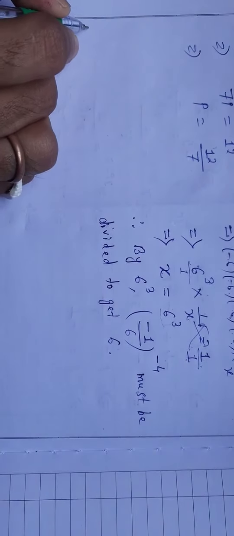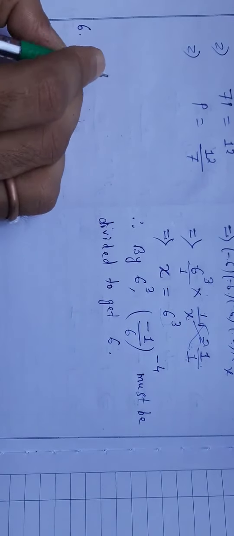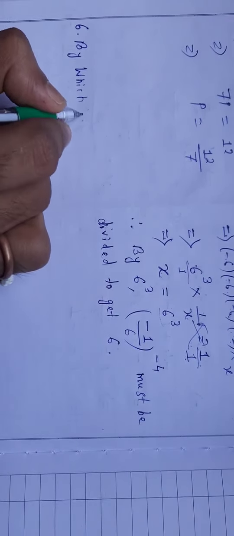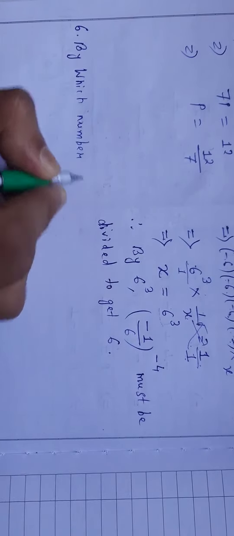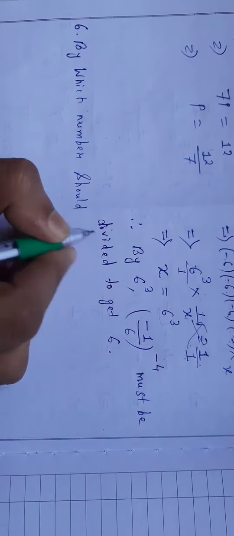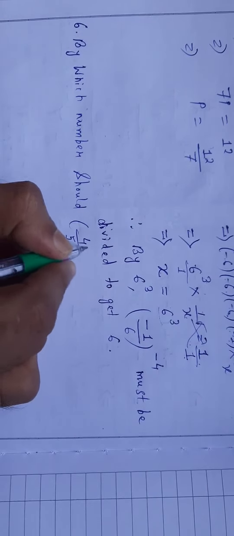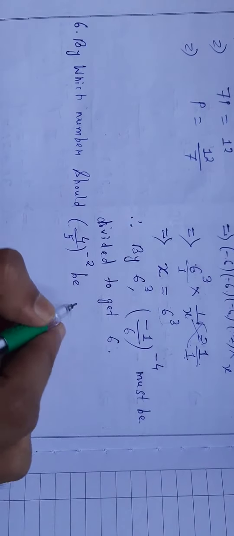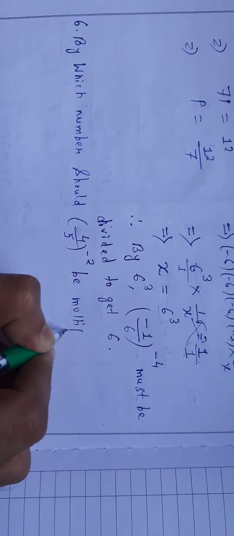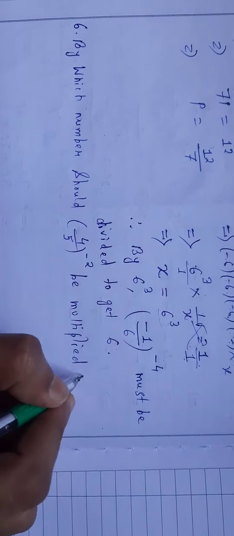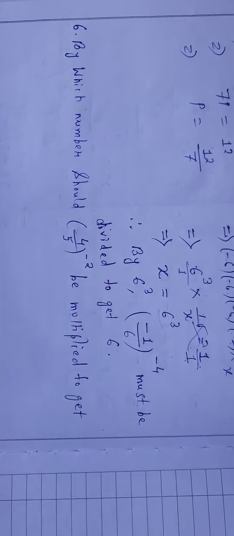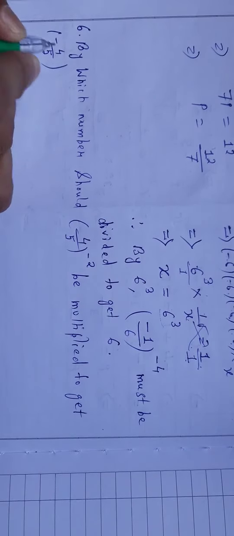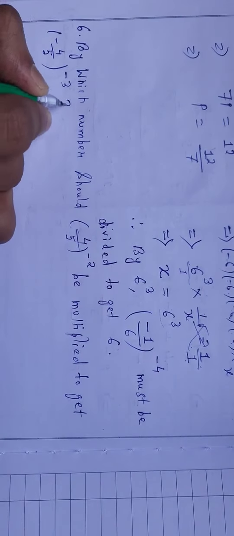Sixth question is: by which number should (4/5)^-2 be multiplied to get (-4/5)^-3?